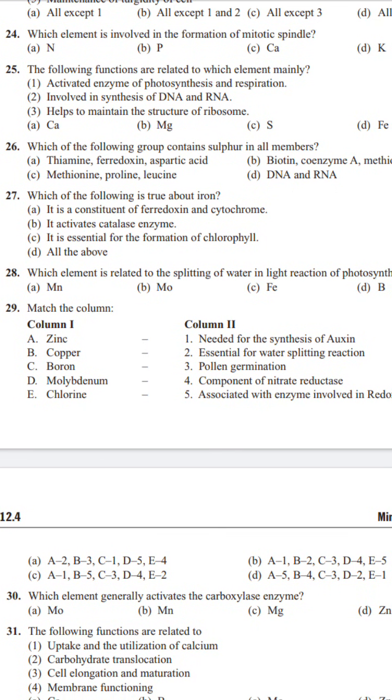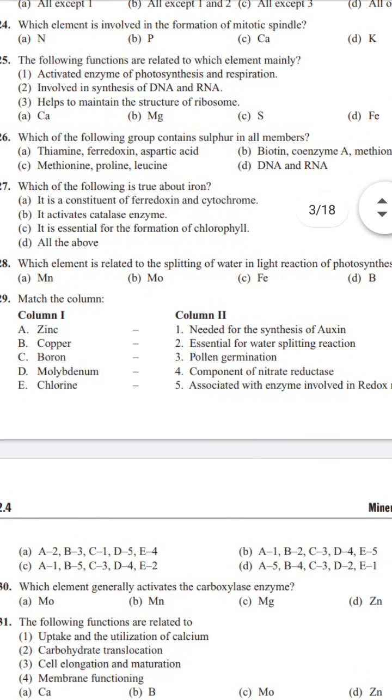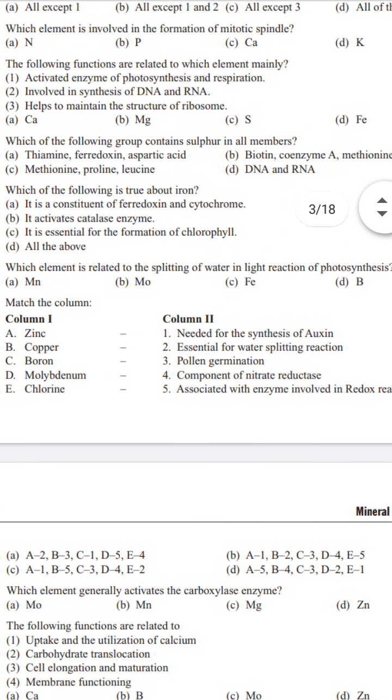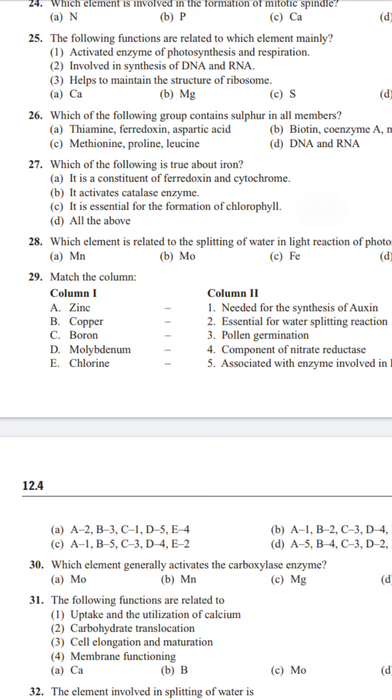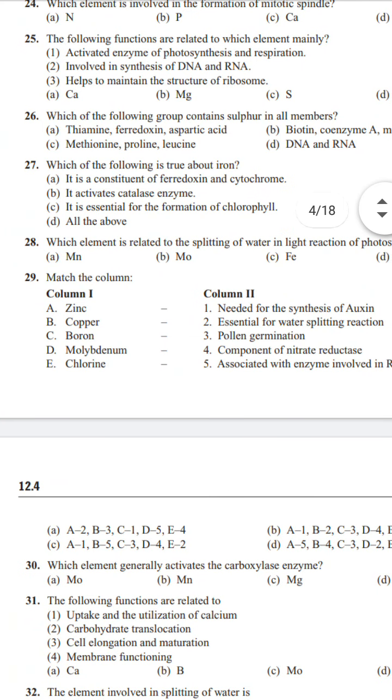28th. Which element is related to the splitting of water in the light reaction of photosynthesis? Mn, Mo, Fe and B. So the correct answer for this question is A, Mn. Students, here I would like to tell you some important explanation regarding manganese.